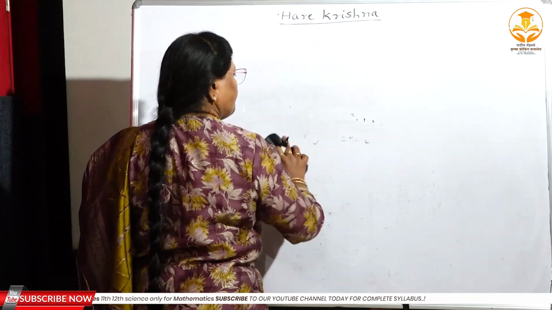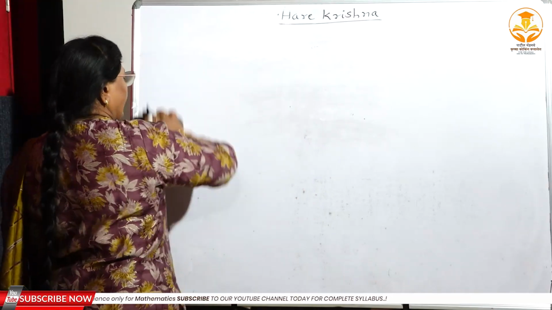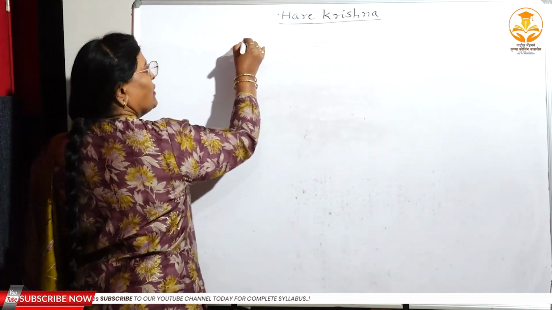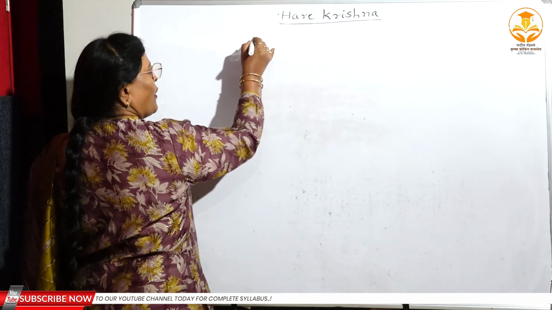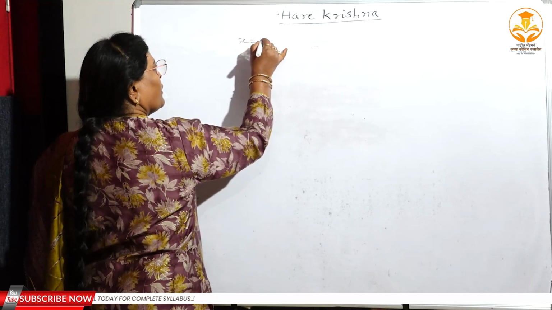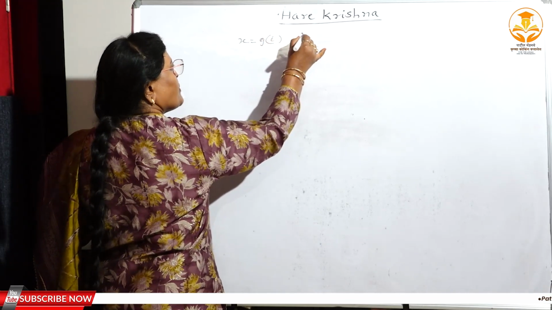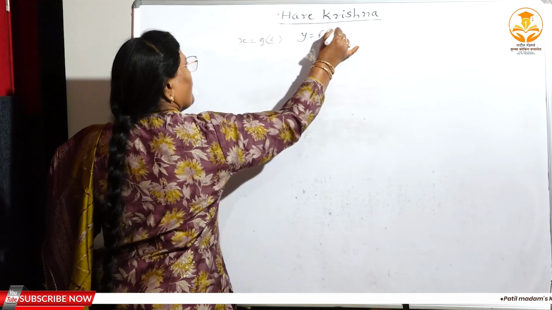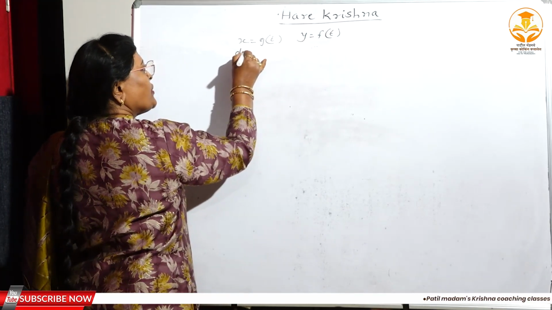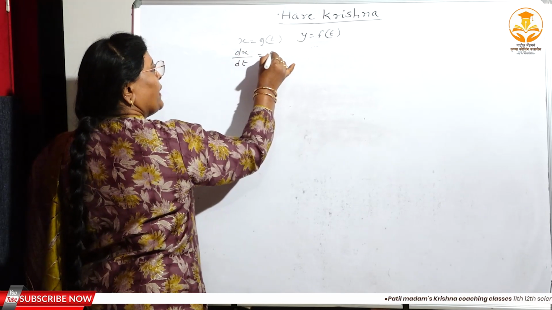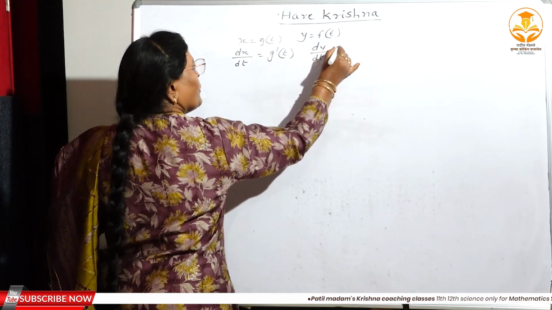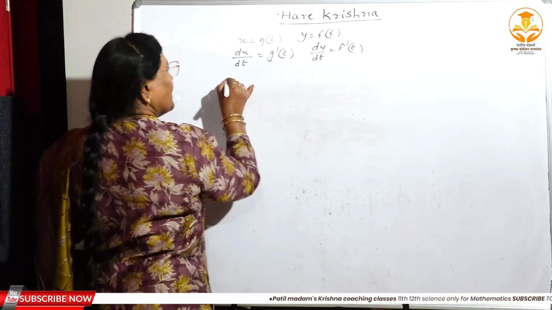Now see here. Again there is a theorem for the parametric function. Suppose x is a function of t, x = g(t), and suppose y = f(t). Means x is a function of t and y is a function of t. Then differentiating with respect to t, dx/dt = g'(t) and dy/dt = f'(t).